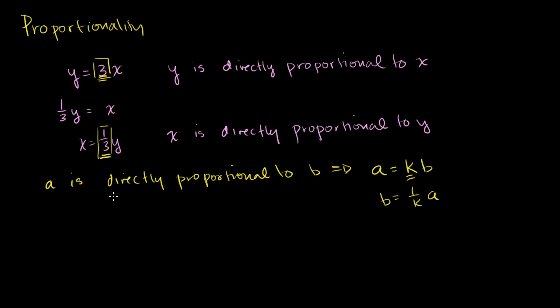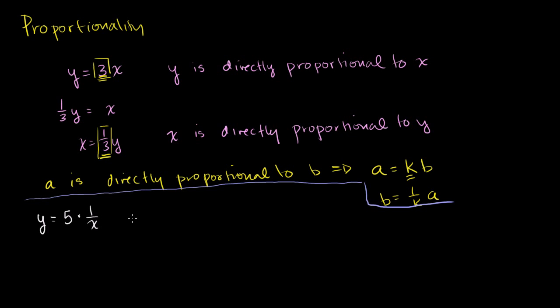Now, another thing you might see, and we'll see it later in this video, is being inversely proportional. Let me give you a few examples of inverse proportionality. Let's say that y is equal to 5 times 1 over x. Notice what's going on here. In this situation, y is proportional to the inverse of x, right?